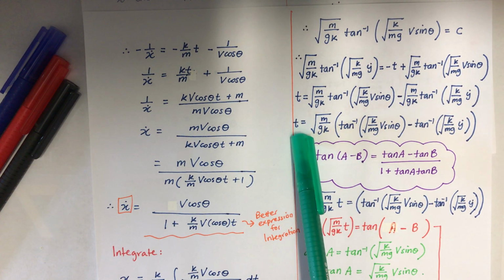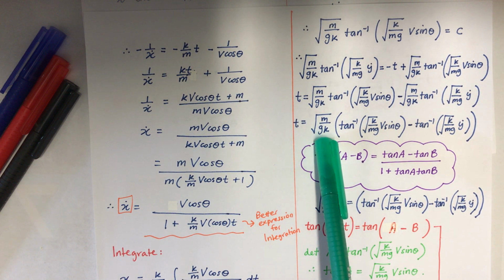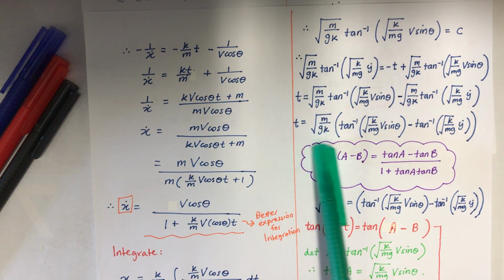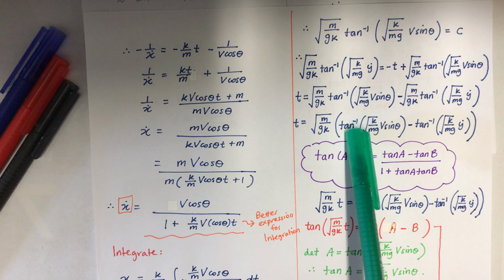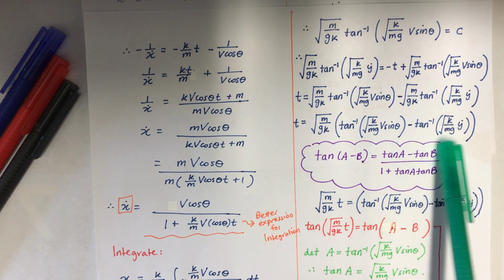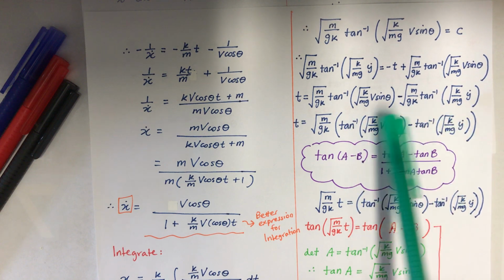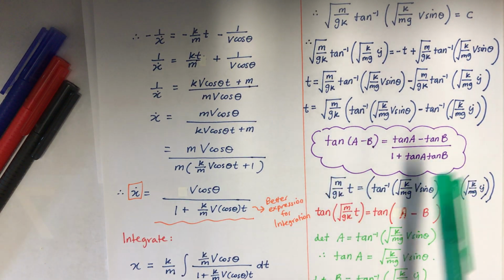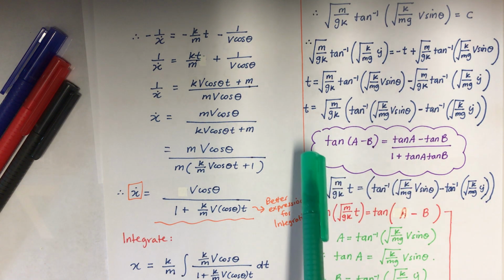And then I'm going to tidy it up a bit. So I'm going to take the square root of m over gk as a common factor, and I've got inverse tan here minus inverse tan here. Now this one looks very familiar, doesn't it? This is the sum and difference of the angles.